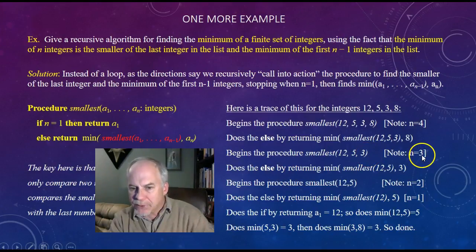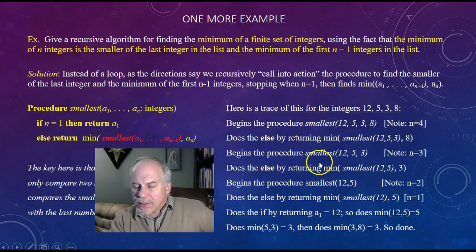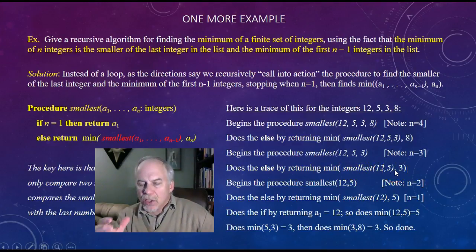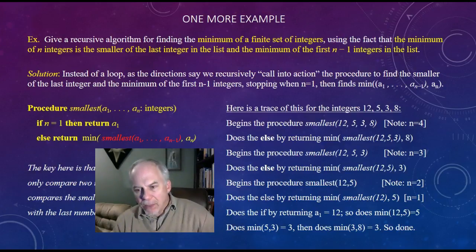And so it begins the procedure smallest 12, 5, 3. Now this time n is 3, but it still continues. It does the else part and calls into action the smallest, but this time without the 3, because it's always dropping 1 off the list when it does this.